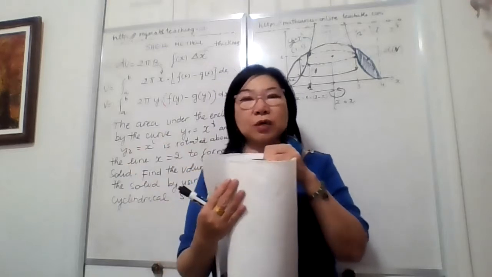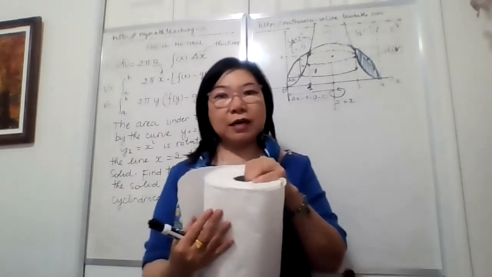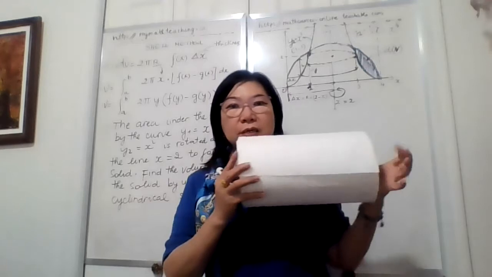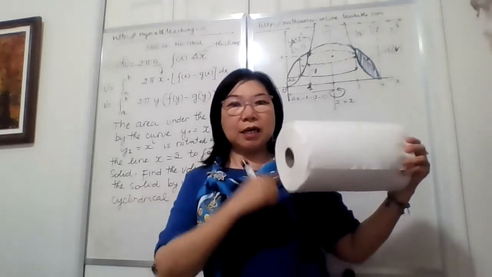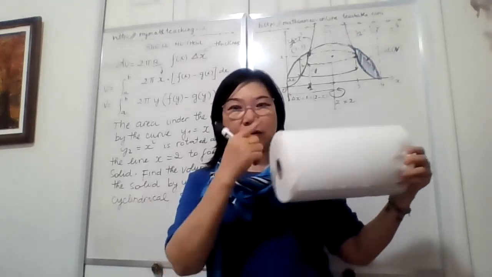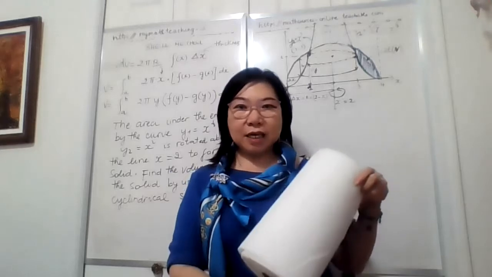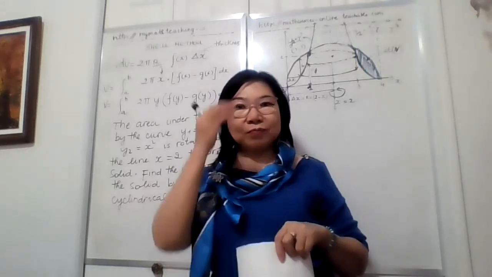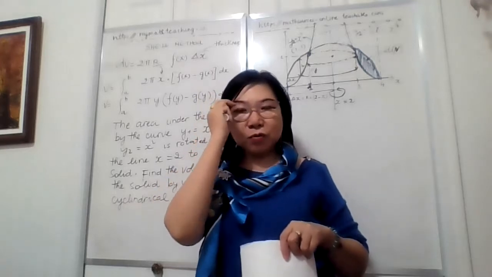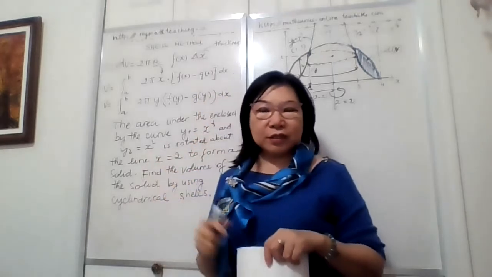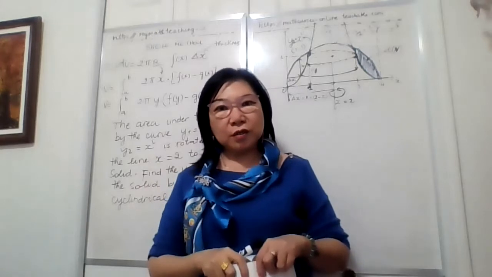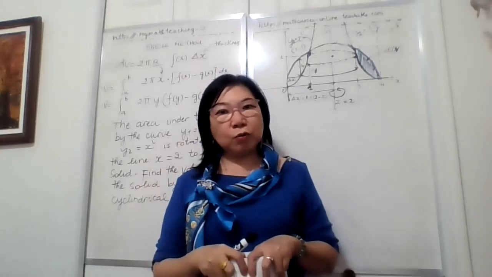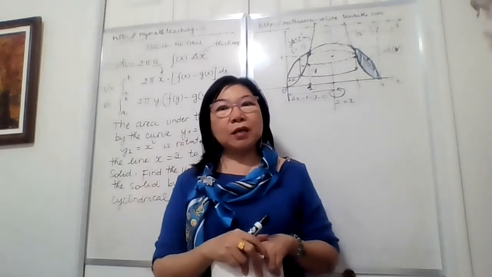We can also revolve around the x-axis as well, but in that case we have to put the cylinder sideways like this, and we generate around the x-axis. In that case, we will have to reverse the function. In this question, I will just show you the way we do it without reversing the function. We'll do the reverse later.